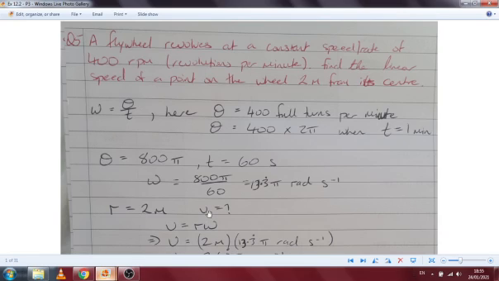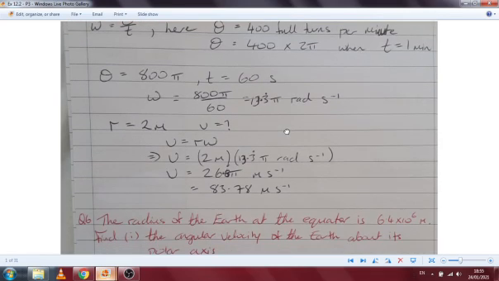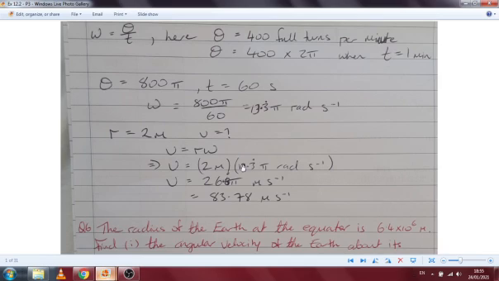So we know the radius, we're trying to find the velocity. Velocity is equal to r omega, so velocity is equal to the radius by the angular velocity. We've just found the angular velocity. We've been told the radius is 2 meters, so it's just a case of multiplying one by the other. So the velocity is 2 meters by 13.3 recurring pi, which gives us an answer of 83.78 meters per second.